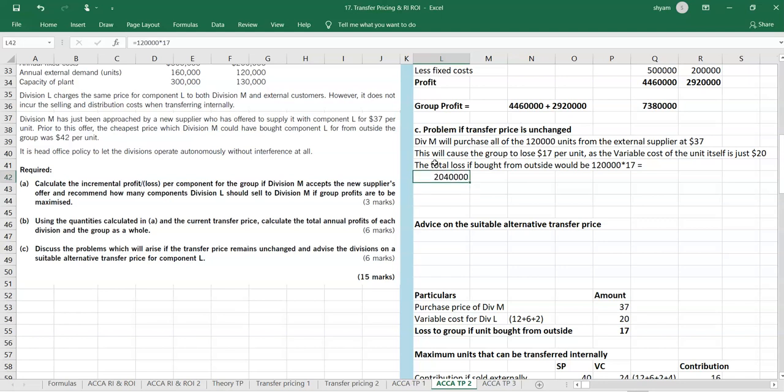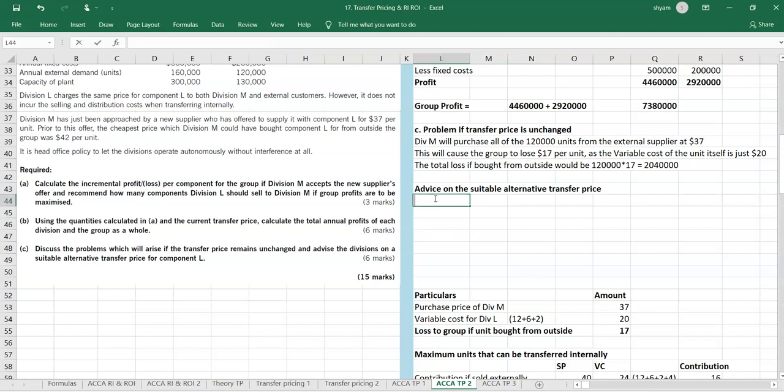That comes to this number, so we'll put that. Done. So that is going to be the total loss if they are buying from outside. So that loss seems to be substantial. Okay, so advice on what should be done.